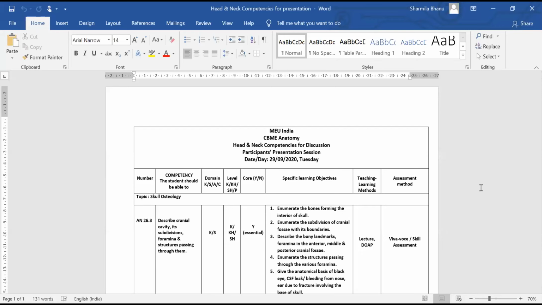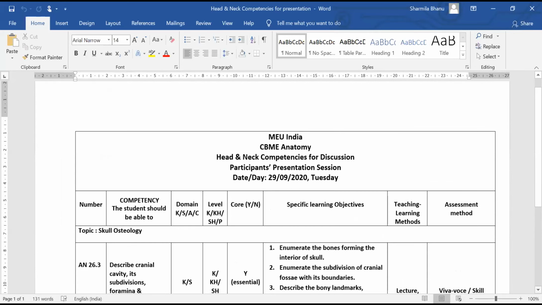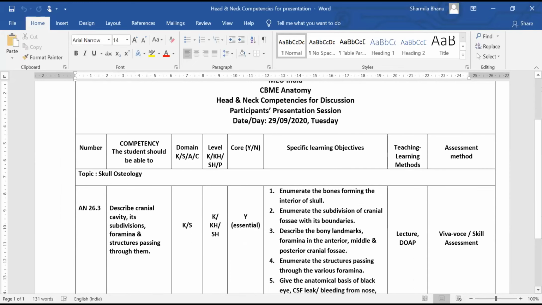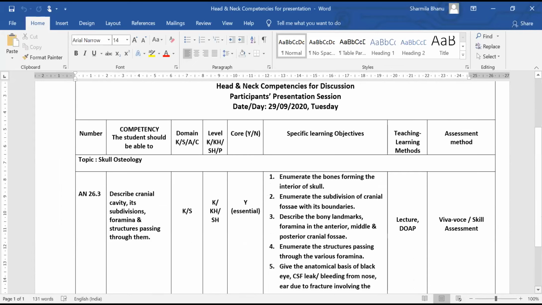Is it visible? Yes, it is visible. Can you just enlarge it a little bit? Okay, one second. Is it okay now, madam? Yes. Shall I start, madam? Yes, please go ahead.